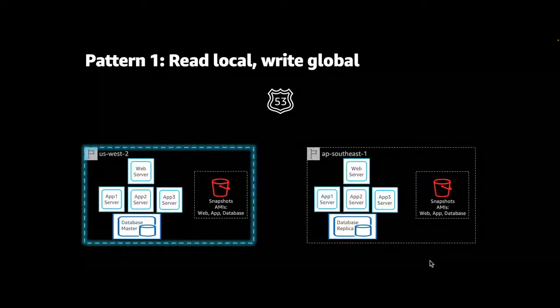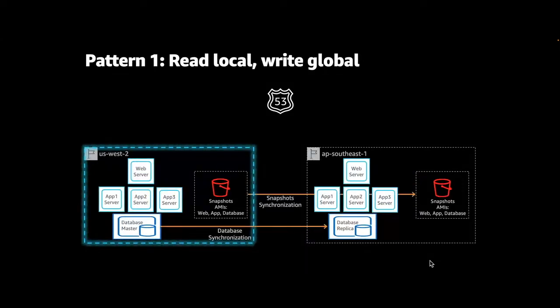where we call this read local and write global. So let's say we have a region in US West and another one in the Asia Pacific. In this case, all the snapshot synchronizations for the EC2 web application database are synchronized, and we have database synchronization, for example, with a read replica.